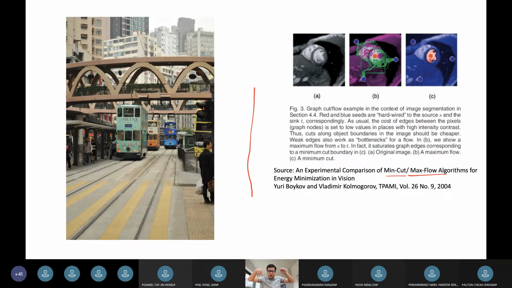It's like finding the weak edge, or the bottleneck in the network, so that later you can improve it so that you don't have any bottleneck in the network. So there are a few applications. If you have time, you can look at this paper. They mention applying it to energy and also computer vision.